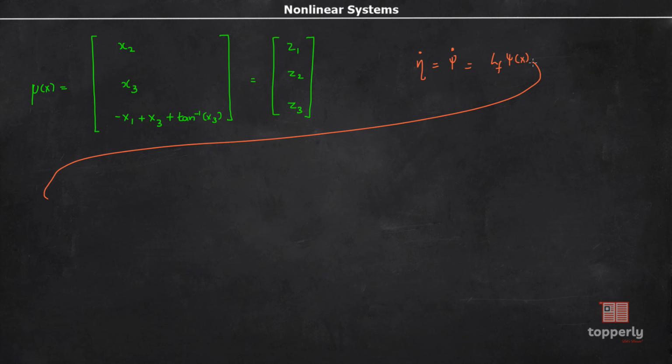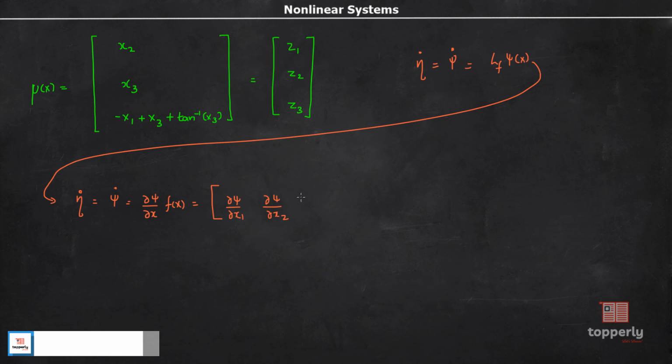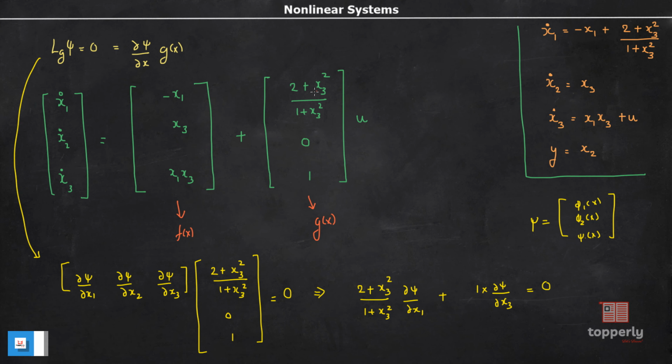Therefore, we have eta dot is equal to psi dot is equal to dou psi by dou x into f of x, which is dou psi by dou x1, dou psi by dou x2, dou psi by dou x3 into f of x. And what was f of x? F of x was minus x1, x3, x1, x3.